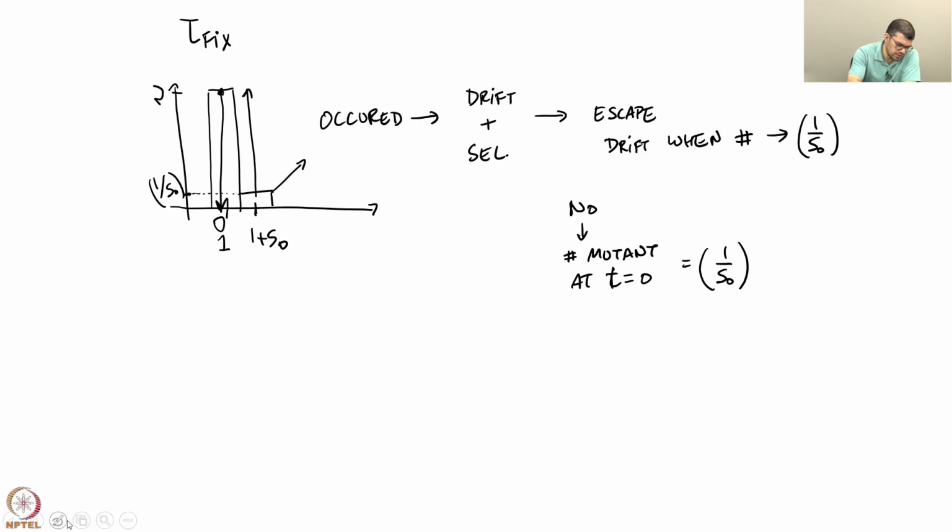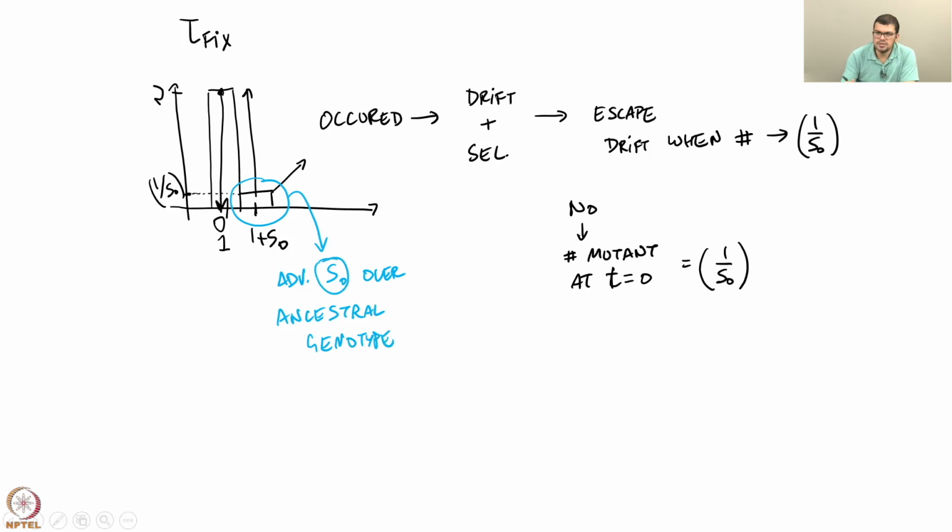Now this particular genotype holds an advantage of S naught over the ancestral genotype, and that advantage is quantified by this. So its numbers are going to increase exponentially, and the exponent associated with that is going to be the advantage that it holds over the other genotype.